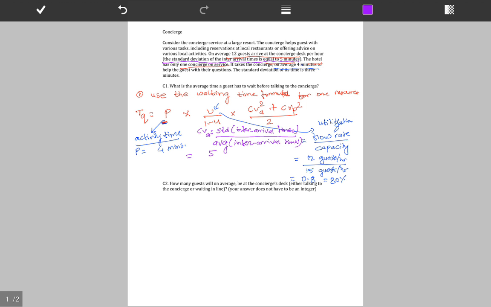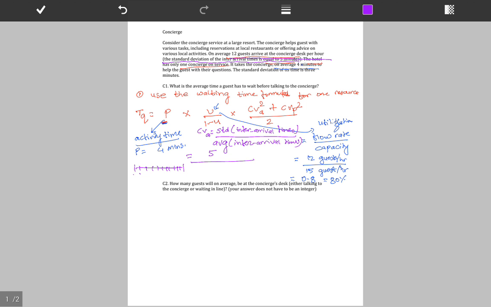That's a straightforward number. What is the average inter-arrival time? Well, we know on average 12 customers arrive per hour, right? Let's suppose 1 here, 2 here, 3, 4, 5, 6, 7, 8, 9, 10, 11, 12.